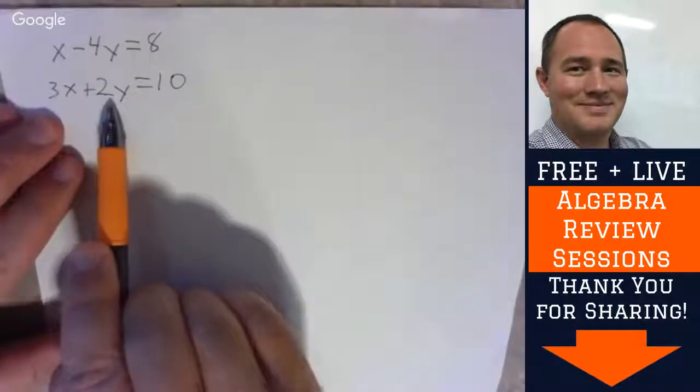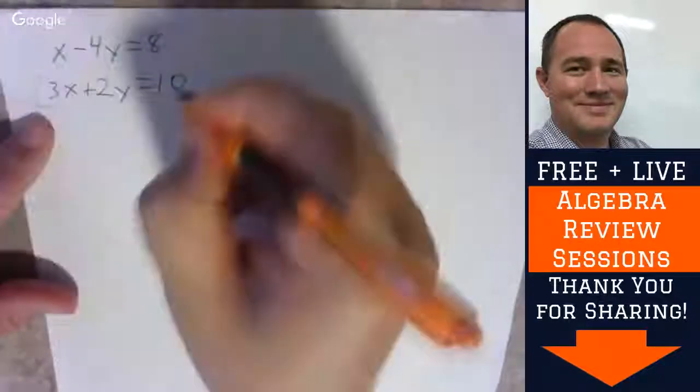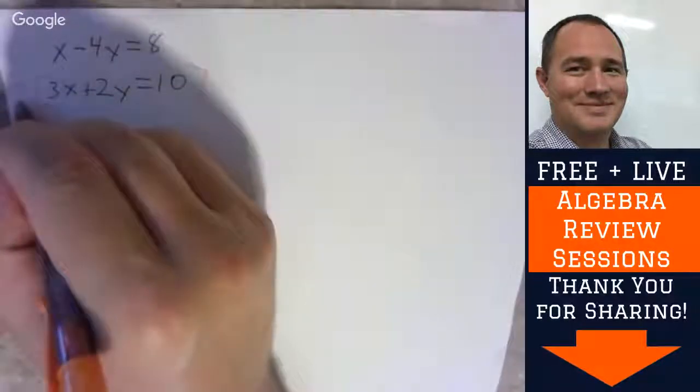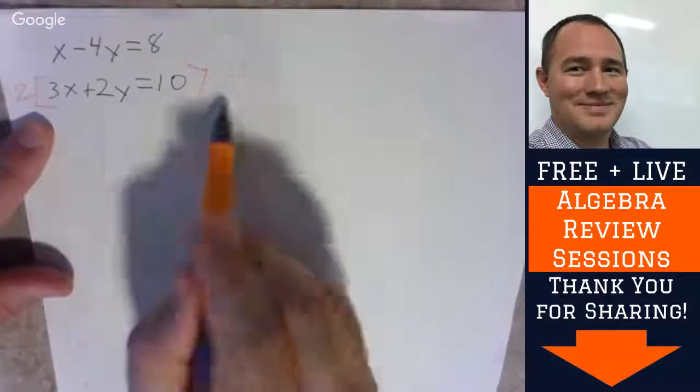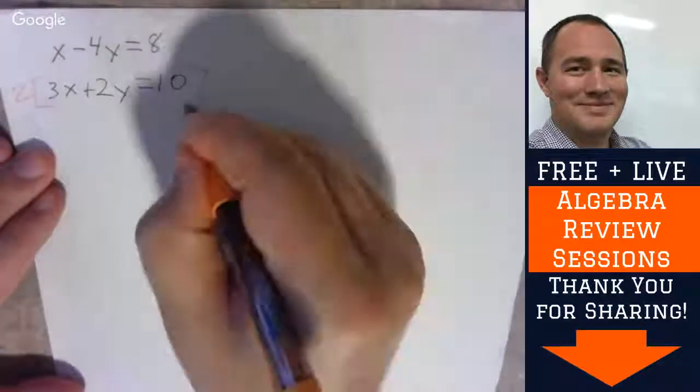So I can see that if I were to double the bottom line, right, multiply everything in this line by 2. Let's just see what would happen.